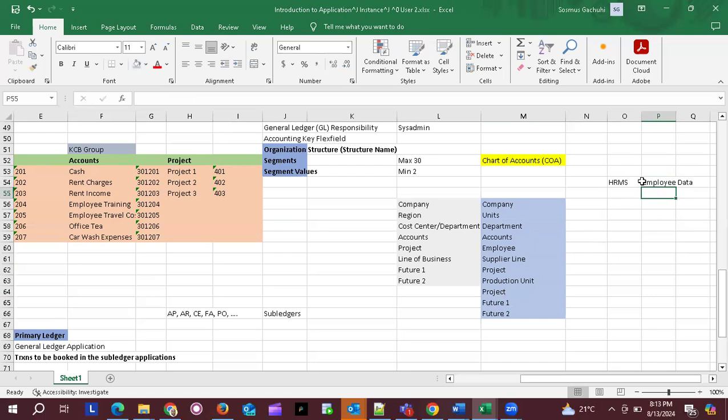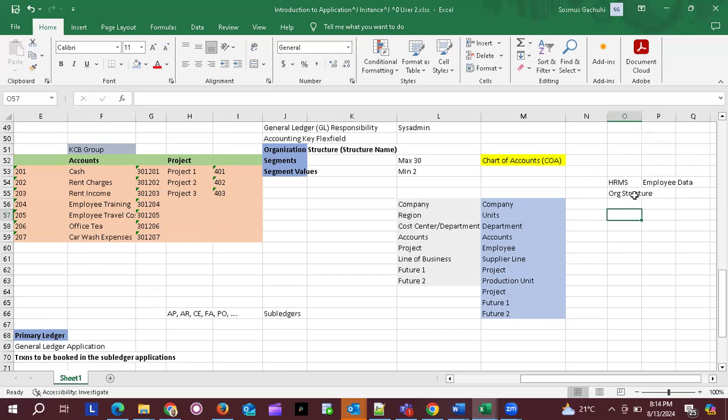This one you will be able to understand when we look at the multi-org structure. We'll explain more on the structure and how the information is mapped by each and every level of the structure.